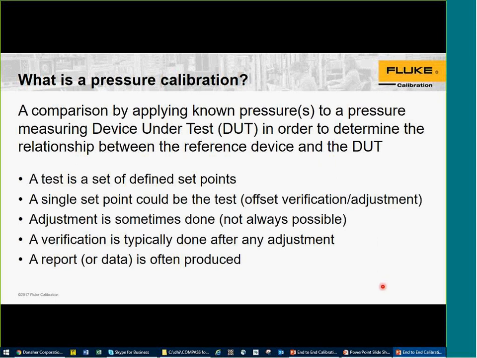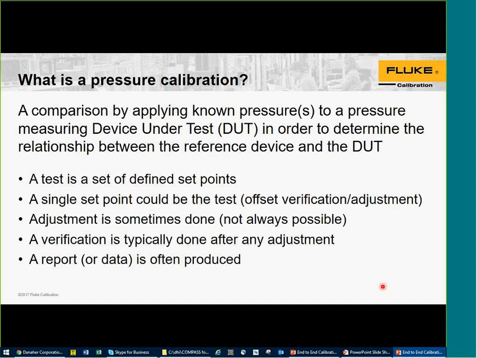In that comparison, we're going to determine the relationship between our reference device and the DUT. We went through a set of points, but the calibration could be a single point where we're really just adjusting any offset. Quite often for pressure, that would be done at barometric or atmospheric pressure. So that's a very convenient point to do that.